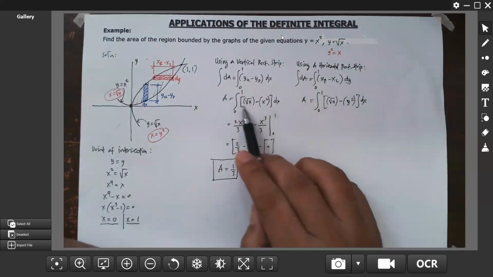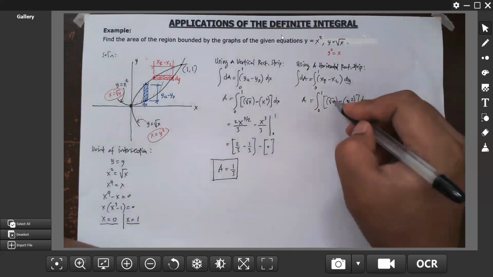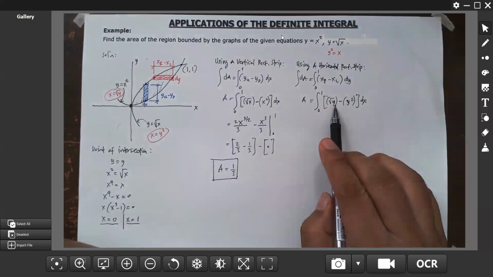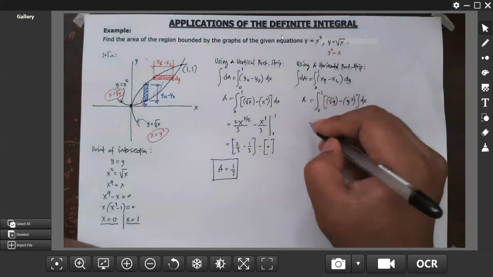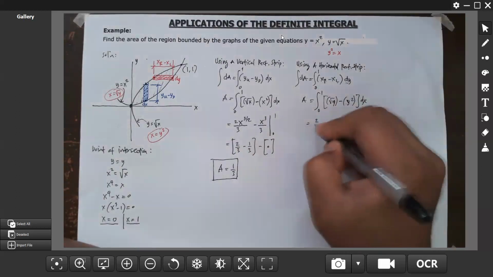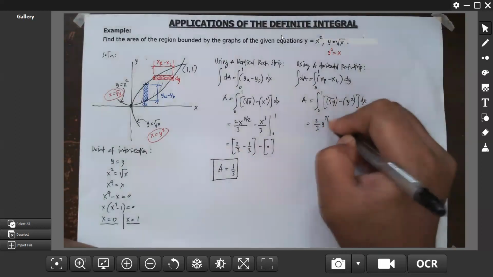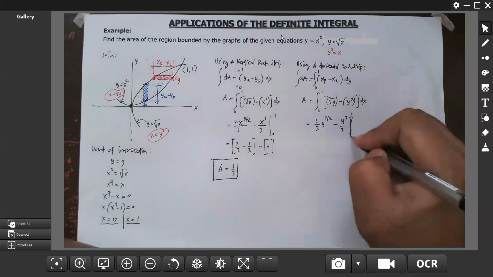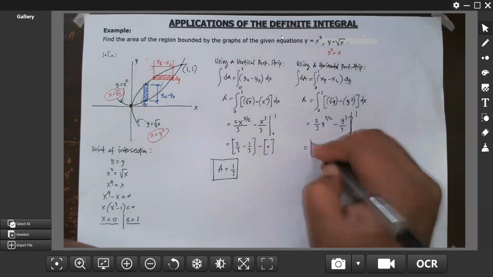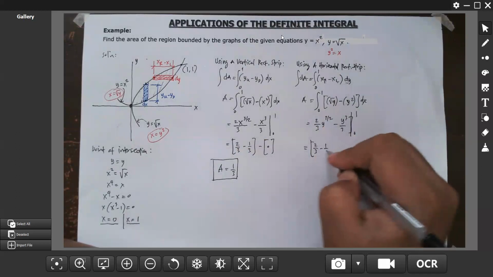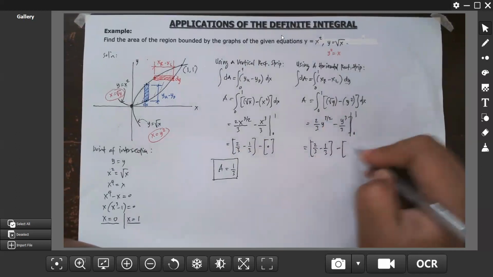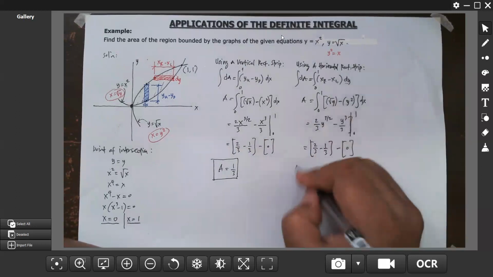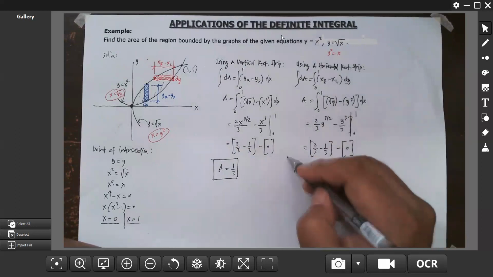You'll notice that only our variable changed. Here you have x, here you have y. So it's the same. If we integrate, then we have 2/3 y raised to 3 halves minus y cubed over 3 from 0 to 1. And then you have 2/3 minus 1/3, 2/3 times 1, then the lower limit of 0. So the area is 1/3.